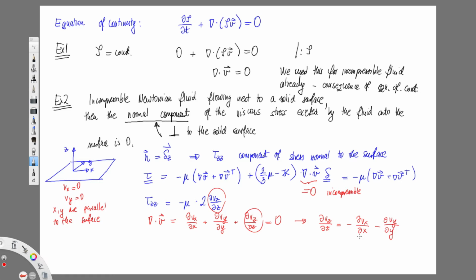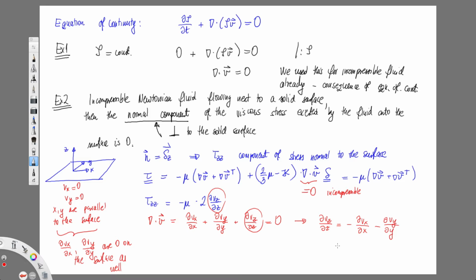Therefore dVx/dx and dVy/dy are 0 on the surface as well.